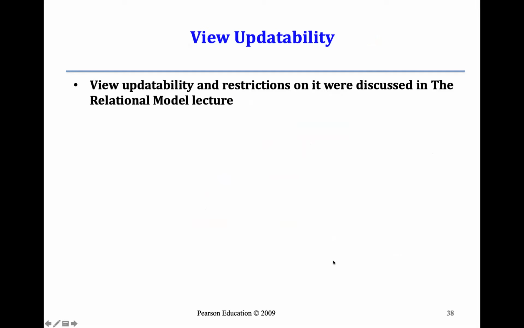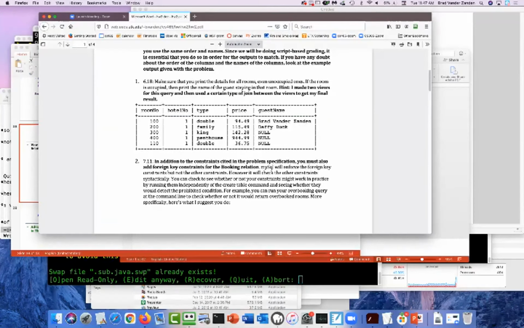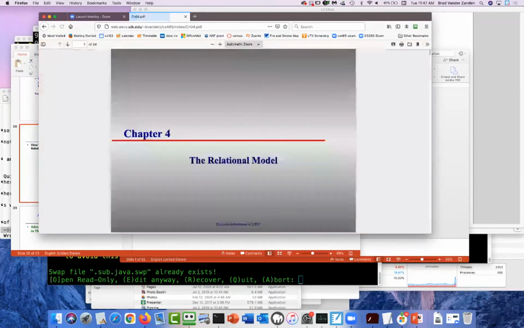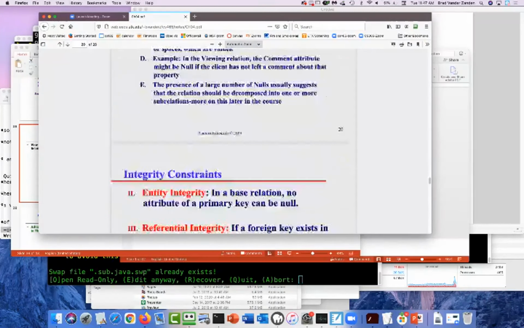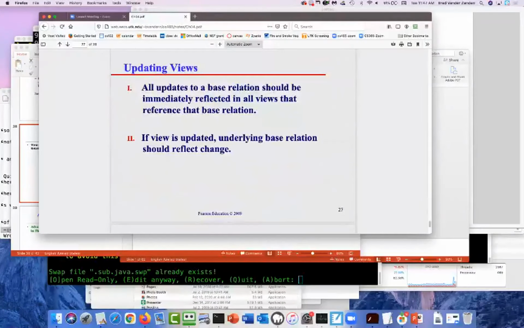Okay, we're not going to discuss the updatability of views, because we discussed them the first week of the course when we talked about the relational model. If you go back to the notes for the second lecture on the relational model, toward the end of the slides, we talked about updating views.